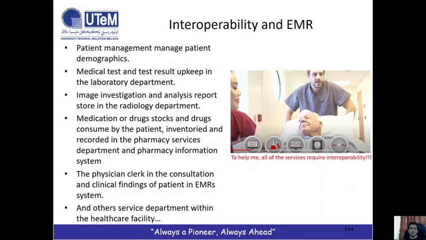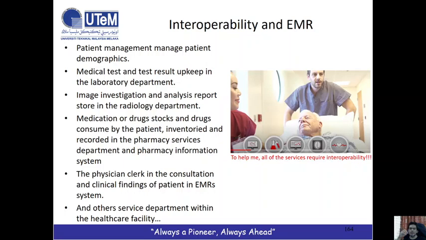So interoperability in EMR, I already told you, because the electronic medical record is all about the patient information, their health record. Yeah. So when they go to the pharmacy, their drug information is stored in the pharmacy.